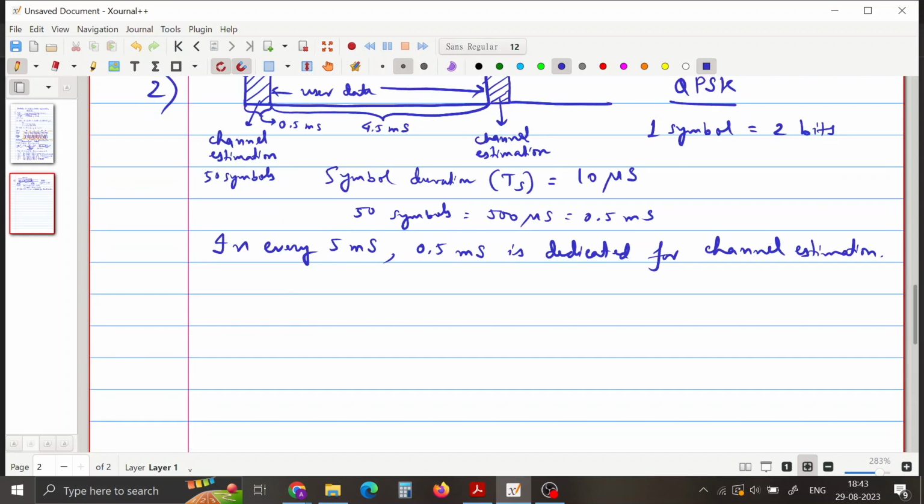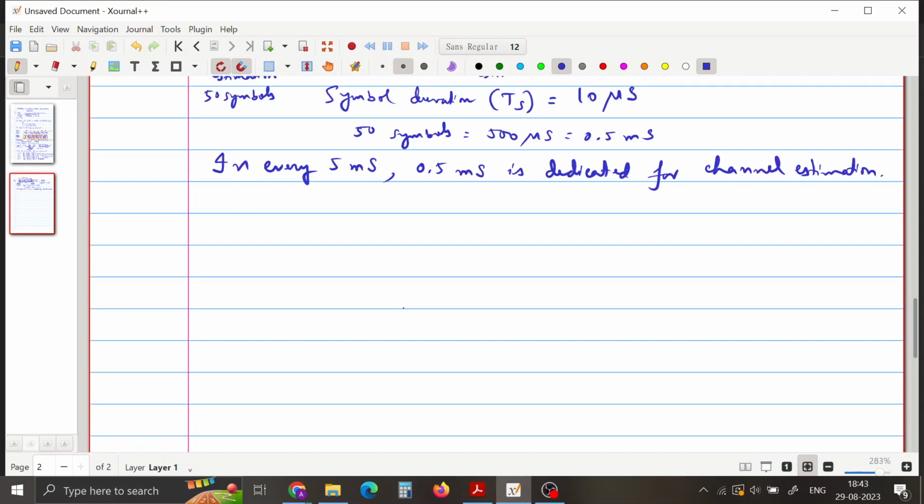So symbols per second, in other words your symbol rate, times bits per symbol.